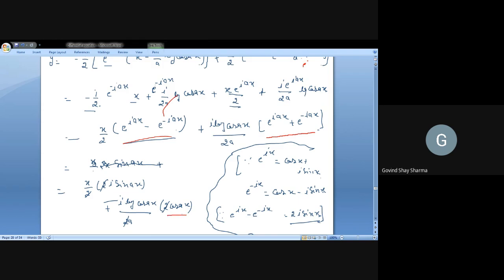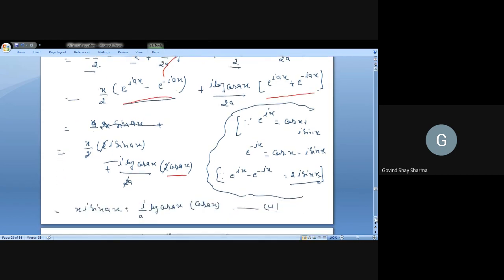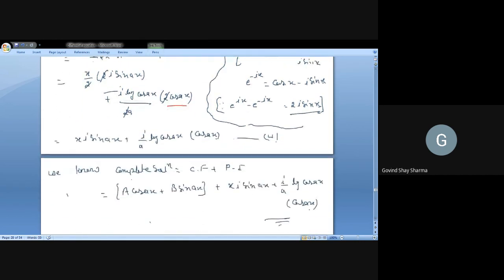Put the value on both sides, and we get x sin x plus log cos x cos ax. Now we know the complete solution is equal to CS. CS is equal to CF plus PI. This is your complete solution.